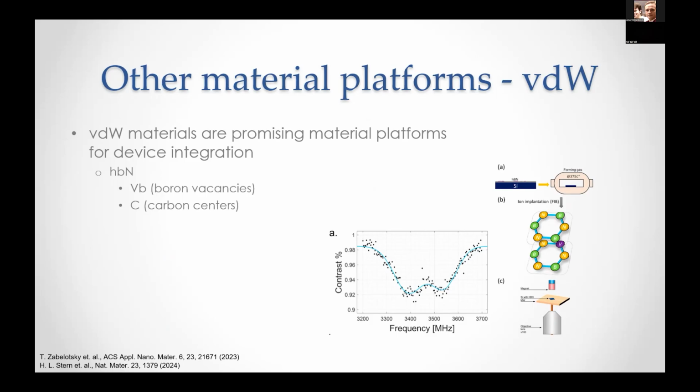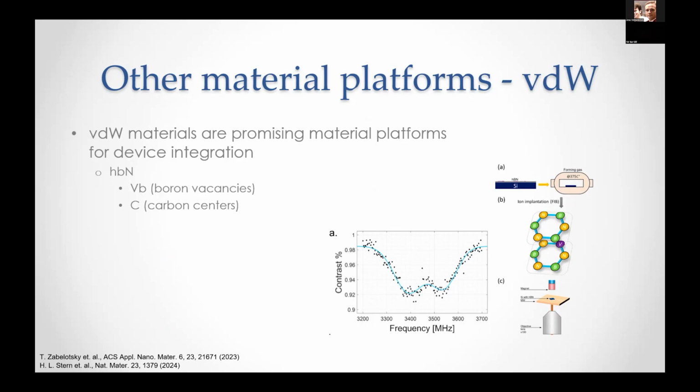If you have useful color centers, useful defects in these materials, then you can imagine how that could be practically beneficial. You can integrate them into other material platforms, create devices that integrate these color centers for sensing or for other couplings. So there are some potentially nice things that you can do with them, and people have been trying that.